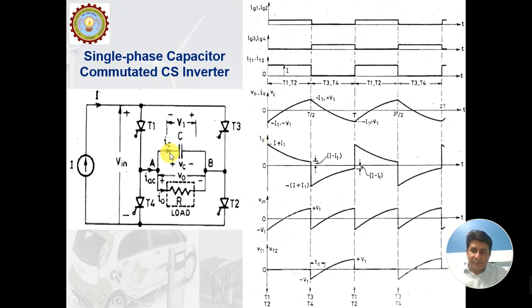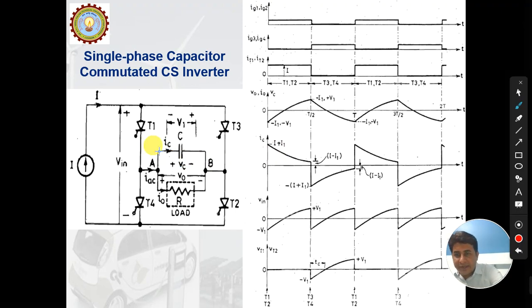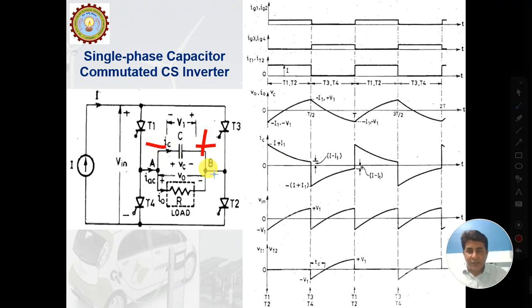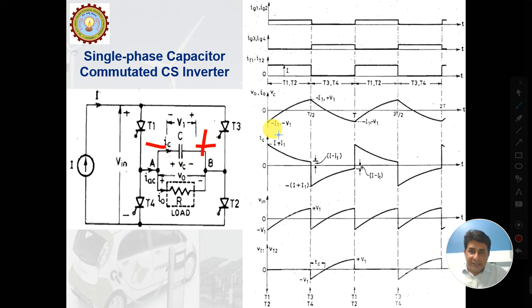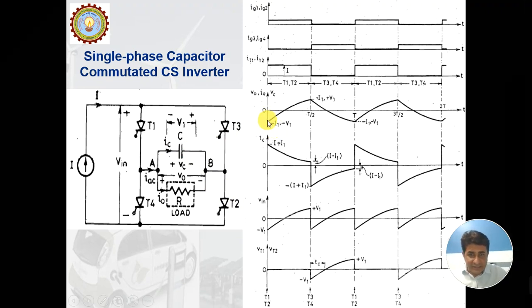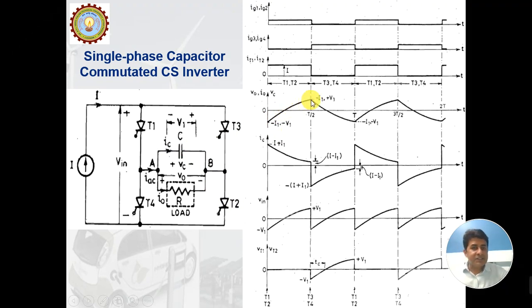Now this capacitor has a polarity of negative here and positive here, so during the first half cycle, when T1 and T2 are conducting, the capacitor first discharges, and when it completely discharges, it starts charging in the reverse direction.